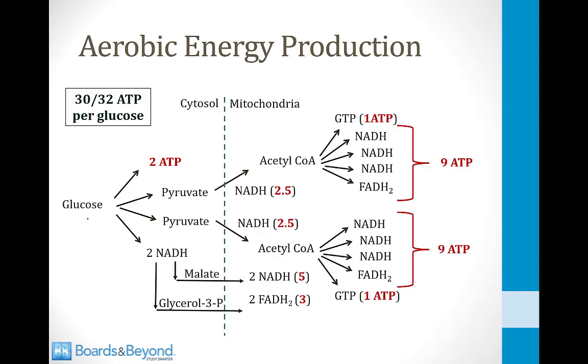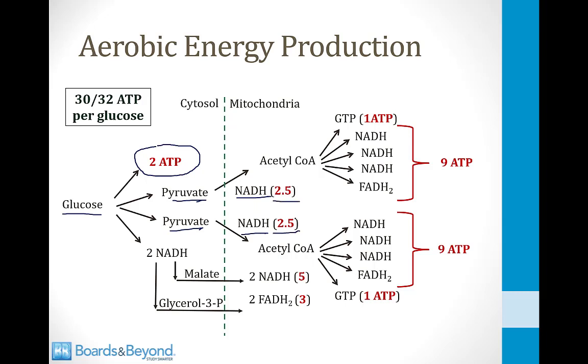So if we go back to our overview slide, we can now use the PO ratio to determine the total number of ATP that can be produced per molecule of glucose that goes all the way through cellular metabolism, including the electron transport chain. So glucose will generate 2 ATP in the cytosol as part of glycolysis. Each molecule of pyruvate that is metabolized will generate an NADH, and each NADH can become 2.5 molecules of ATP.